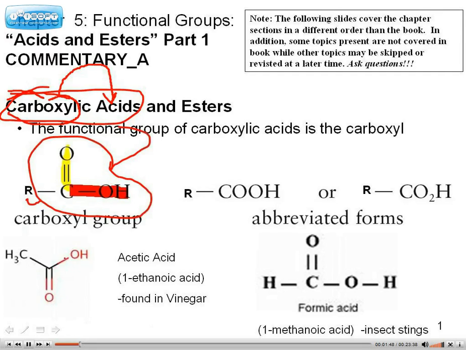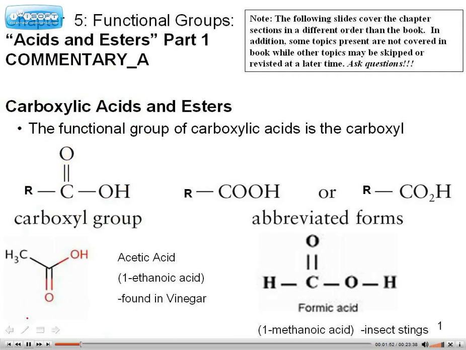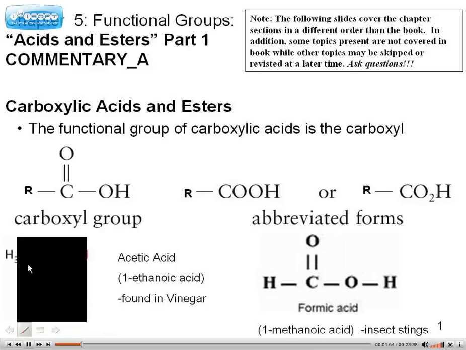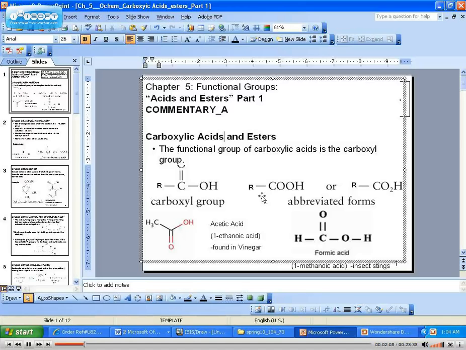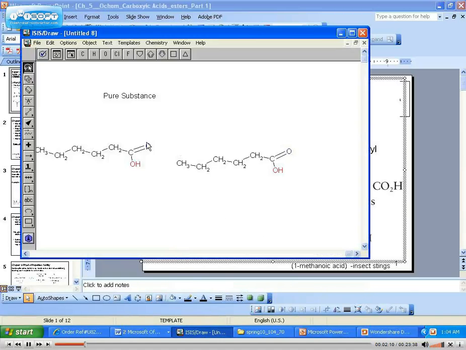Now, the acid portion of the name comes from the fact that this hydrogen right here on the alcohol can pop off when you put it into water. So just to show you really quick, let's bring up ISIS.